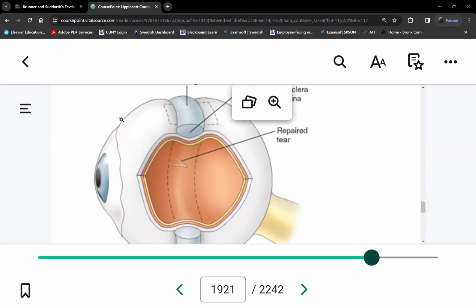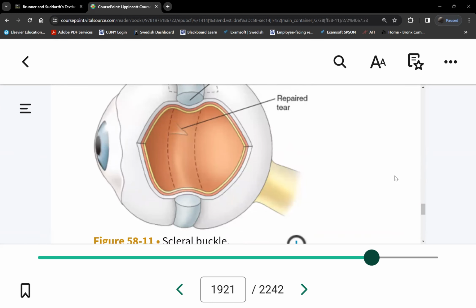Now imagine, this is inside your head, correct? So this is your forehead somewhere here, and your nose is somewhere here. This is inside your eyeball. Now imagine, how did they put this buckle around the eyeball? Imagine the amount of trauma they will have to do and how many instruments they have to attach to the muscles of the eye in order to manipulate it and attach this buckle around the eyeball.